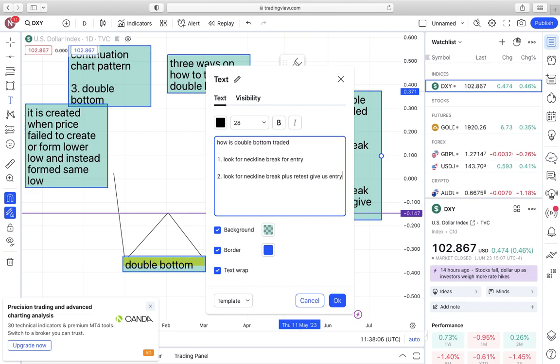When there is a neckline break plus a pullback, a pullback is also known as a retest, that gives us an entry in that given market, which is very, very accurate.